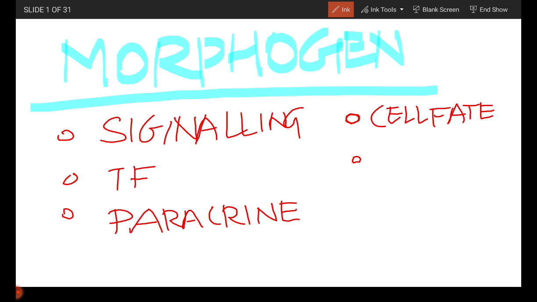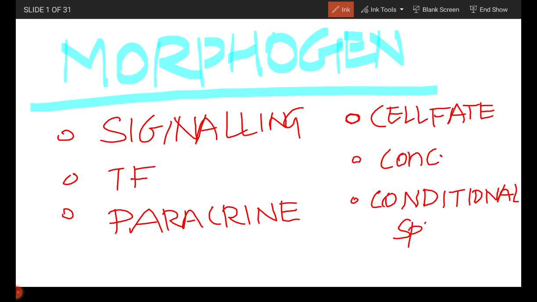How do they work? They work in a concentration dependent manner. They help in conditional specification. We have already uploaded a video based on the definitions and the terminologies of specification, where we spoke about this term called conditional specification.